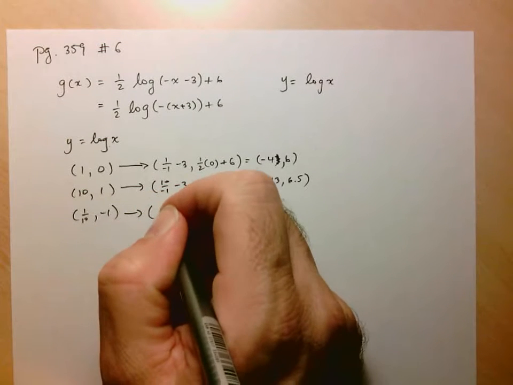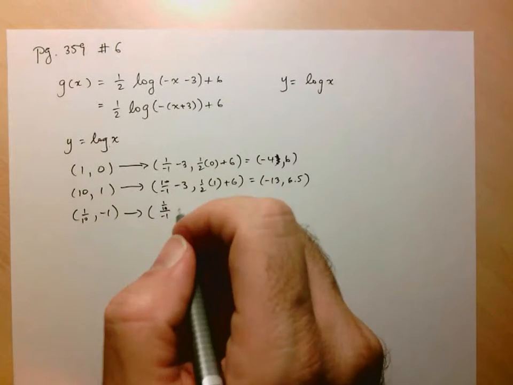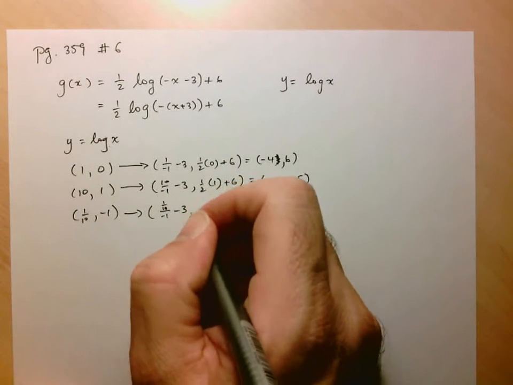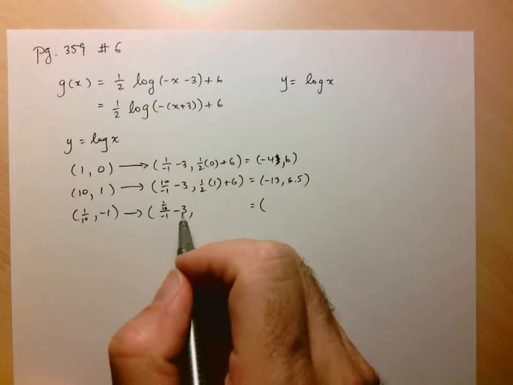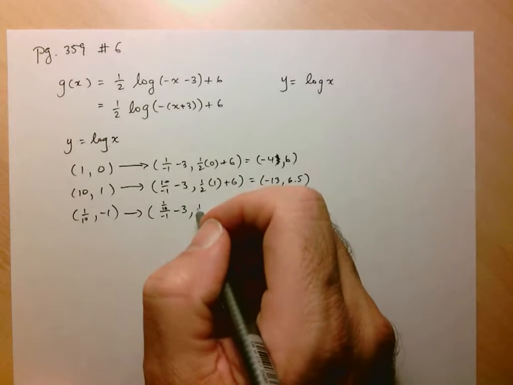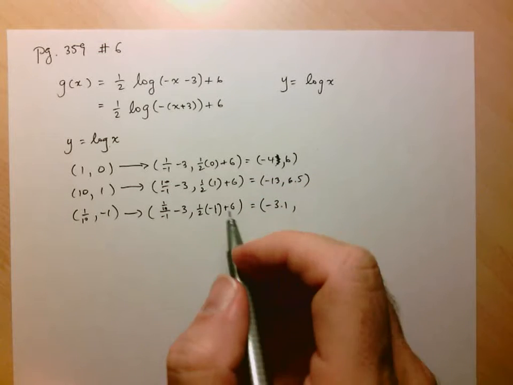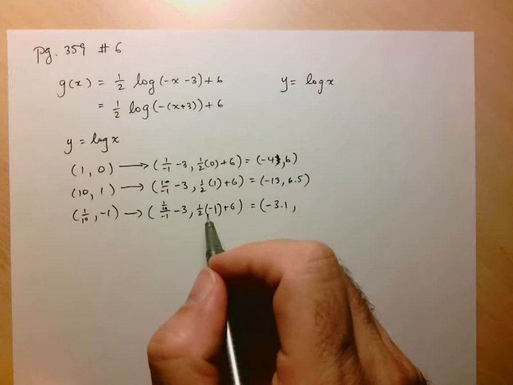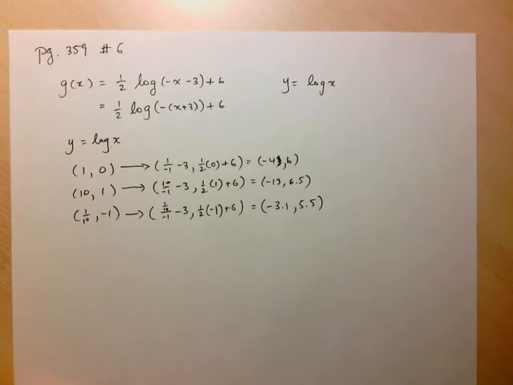Here we have 1 over 10 divided by -1, so that's -1/10 minus 3. That's like -0.1 minus 3, that's -3.1. Here we have 1/2 times -1 plus 6. So this is going to be -1/2 plus 6, so -0.5 plus 6 is just going to be 5.5.